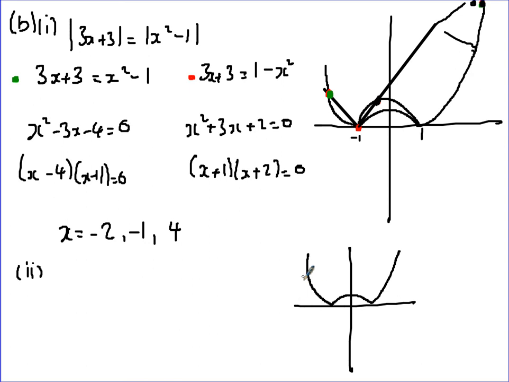If I just show you the straight line there, it's going through here, and through here, and through here. When is it less than? Well, it's less than when the curve is above it. So the curve goes above it here, so it's this point here, and the curve goes above it as a greater value at this point here. So it's this value and this value. So it's when x is less than minus 2, and x is greater than this value here, which is 4.